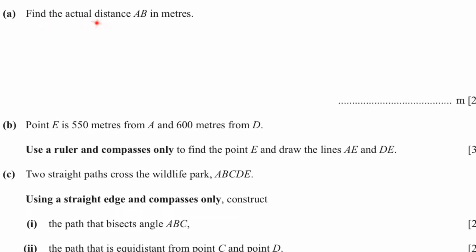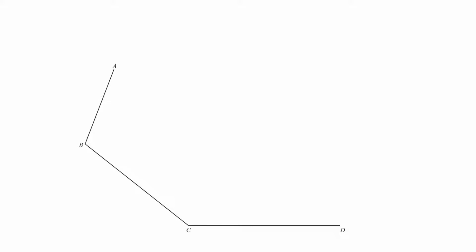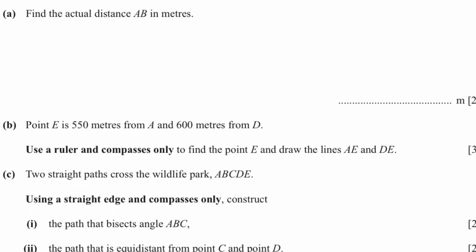A, find the actual distance AB in meters. When you measure AB with a ruler, you will find it is 5 centimeter. Therefore, we know the scale factor 1 centimeter is equal to 50 meters. 5 centimeter is equal to how many meters? Cross multiply. X is equal to 50 multiplied by 5, which is 250 meters.